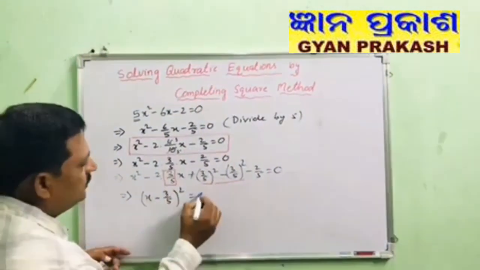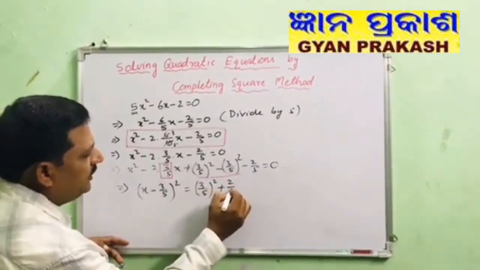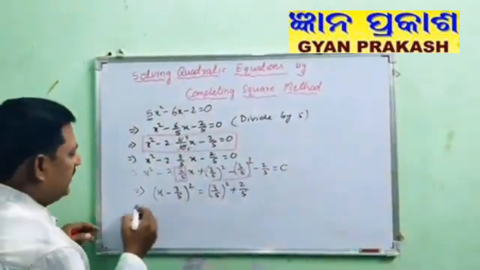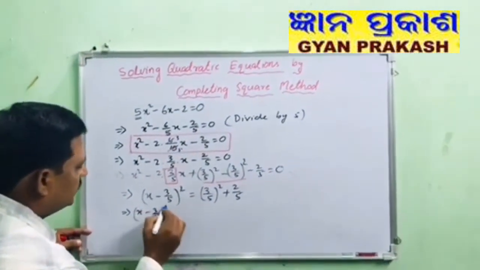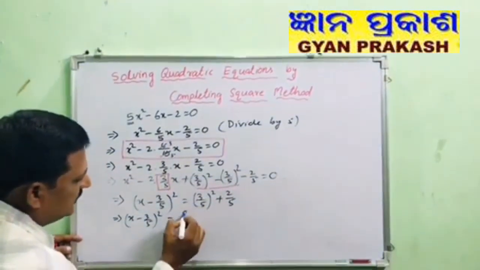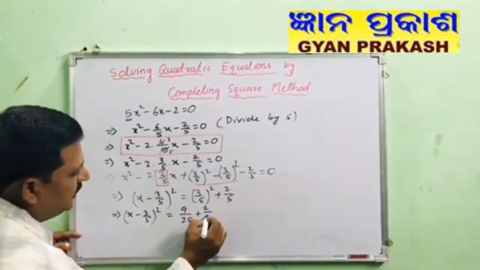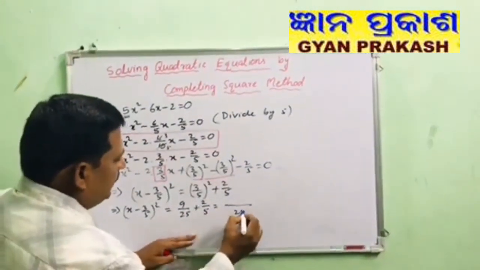And it gives you (3 by 5) whole square plus 2 by 5. I have taken this part to the right side. This implies that (x minus 3 by 5) whole square equal to 9 by 25 plus 2 by 5, and this gives 25 in the denominator.